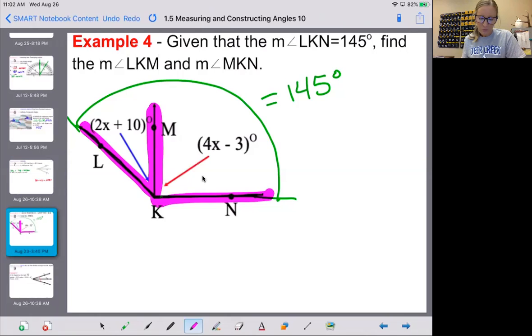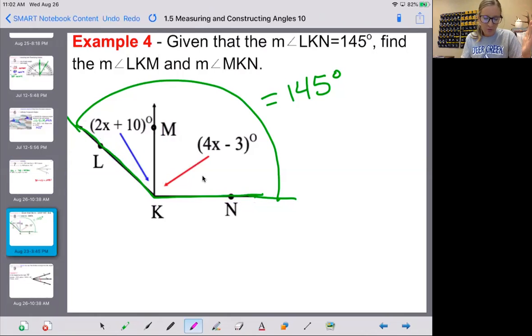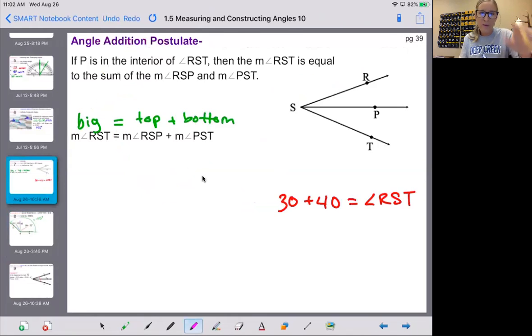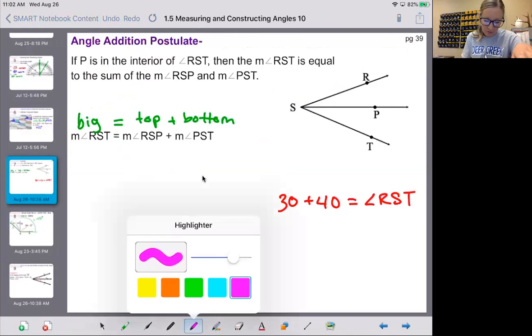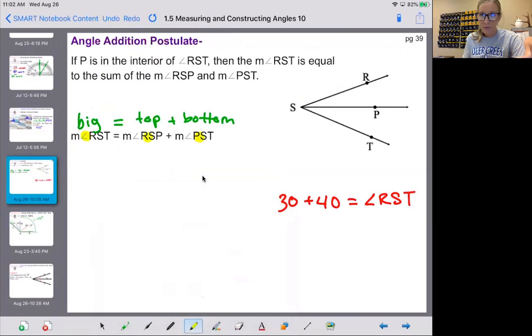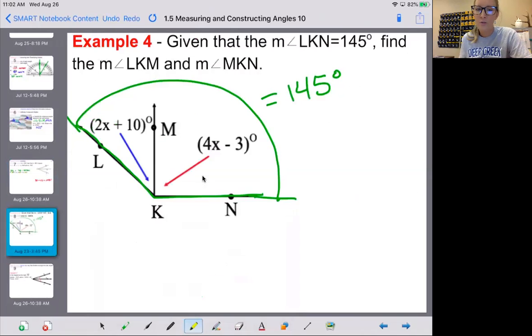So let's first talk about that postulate we were looking at a second ago. Remember, we said the big angle is equal to the top angle plus the bottom angle, right? If you look in our new example, the big angle is equal to the left angle and the right angle.